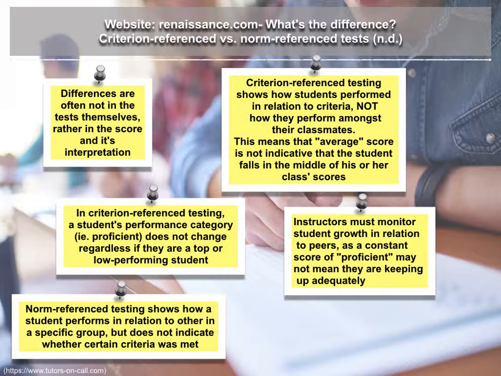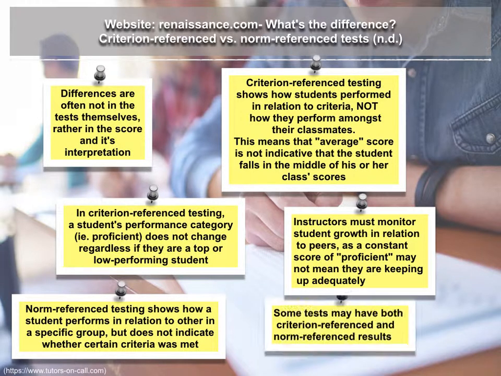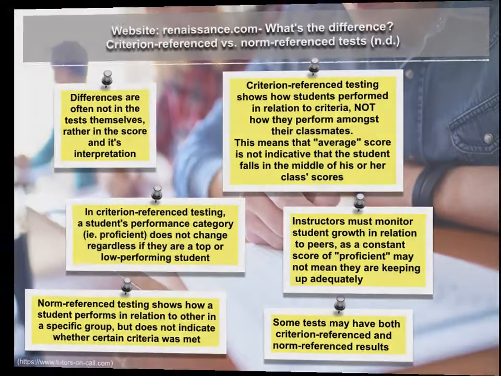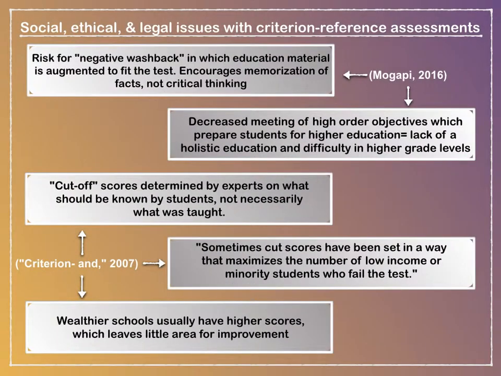Then the instructor can gauge how a student does personal growth wise and against the rest of the class. And since both are being used at the same time, some tests can have criterion reference and norm reference results. And in fact, this is often the best way these tests can be reviewed.